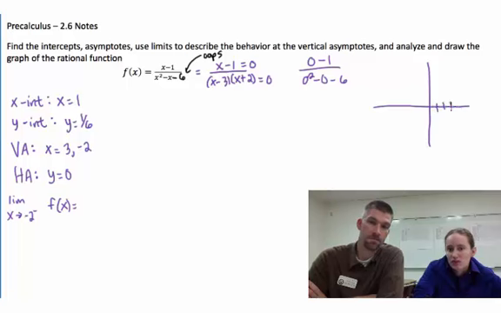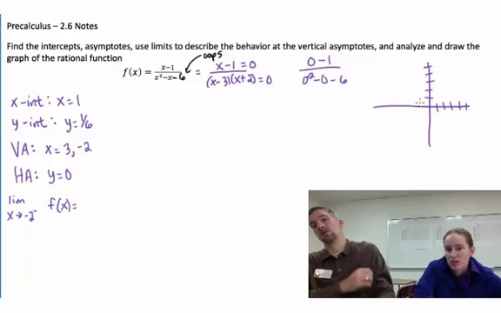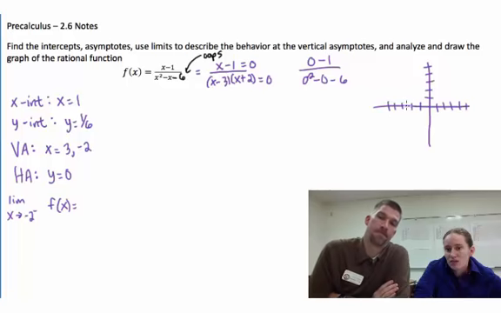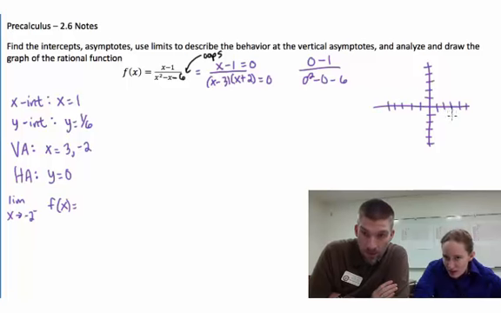I was going to actually draw the graph. What do we have? We have vertical asymptotes at -2 and 3, and y equals 0.